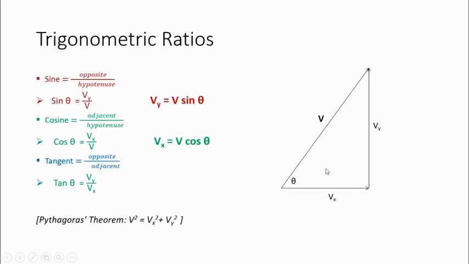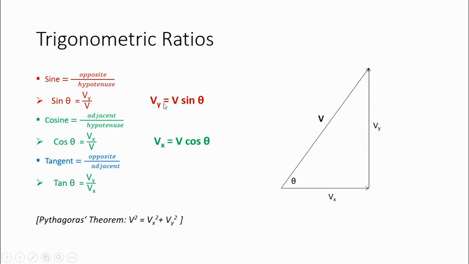Looking at the trig ratios one more time. If Vx and Vy are perpendicular, and they are combined to give us vector V, and theta is the angle that vector V makes with Vx, then we know that Vy over V is sine theta.